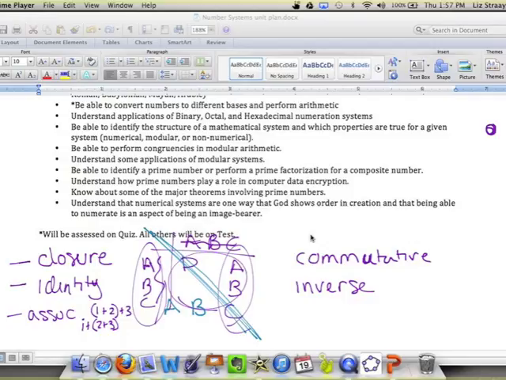Inverse is like identity, but an inverse is what you do to get the identity value. Each letter will have its own individual inverse.